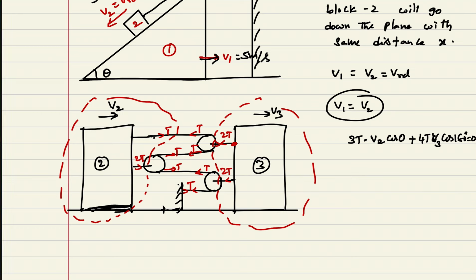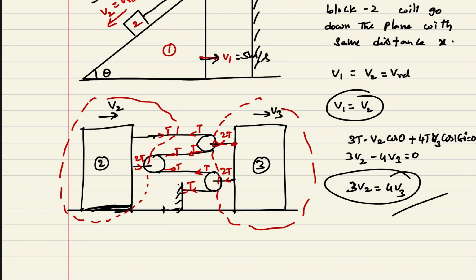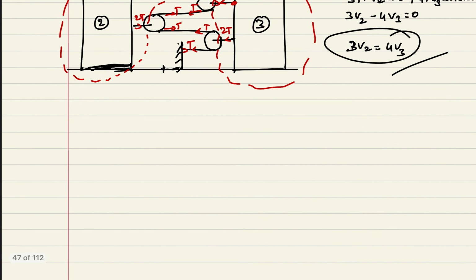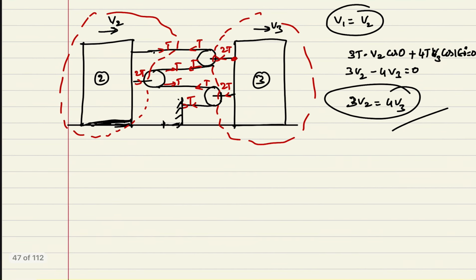Cos 180 degrees is equal to 0. We can write it as 3v2 minus 4v3 is equal to 0. So you can write it as 3v2 is equal to 4v3. If they give any values, we can calculate by using this. Any string and pulley terms are there, we can use that.